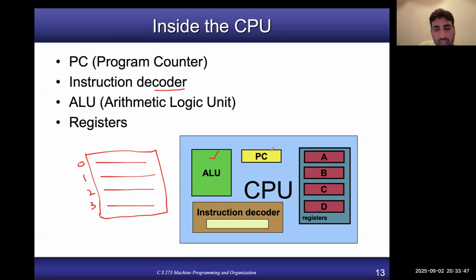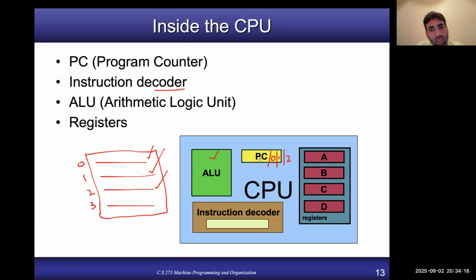So at the start, PC will have 0, and this instruction will be executed. After that, PC will be incremented to contain 1, so this instruction will be fetched and executed. Then PC will increment to 2, the next instruction will be fetched and executed, and so on. This is the job of the program counter. It just holds the address of the next instruction in the code memory which will be executed.